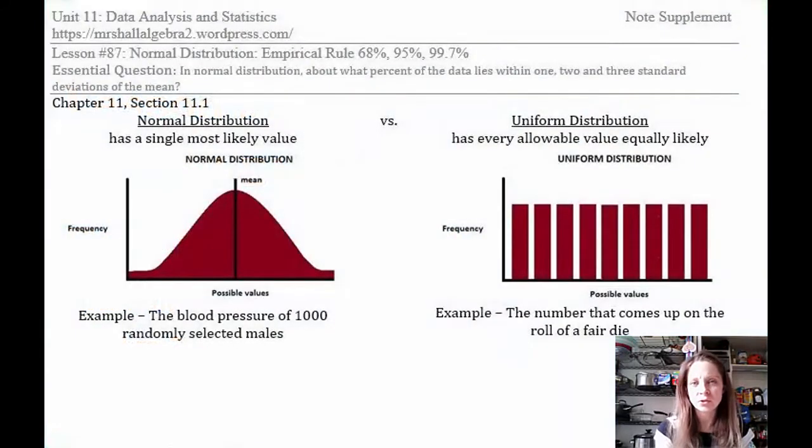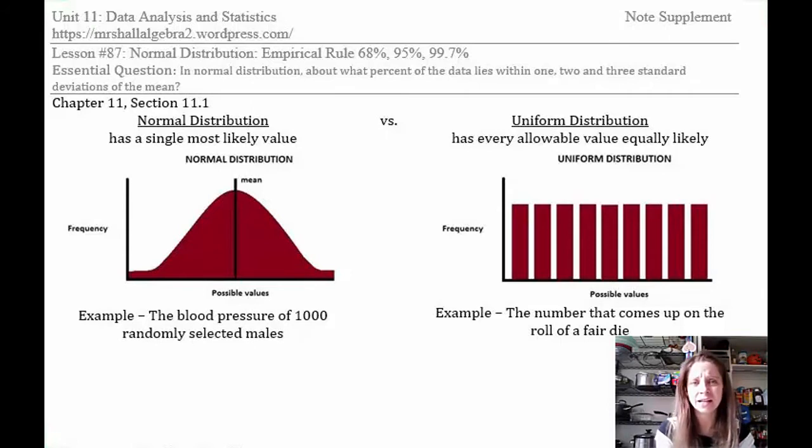We'll begin with distributions, and we'll learn about normal distribution by comparing it to uniform distribution. For normal distribution, there is a single most likely value. The graph of data that is normally distributed will be bell-shaped, with the mean in the middle.